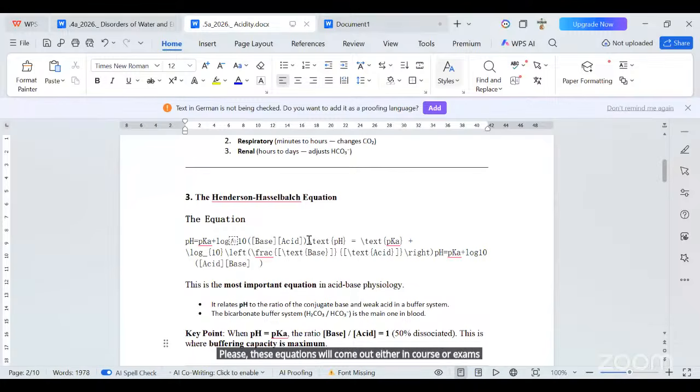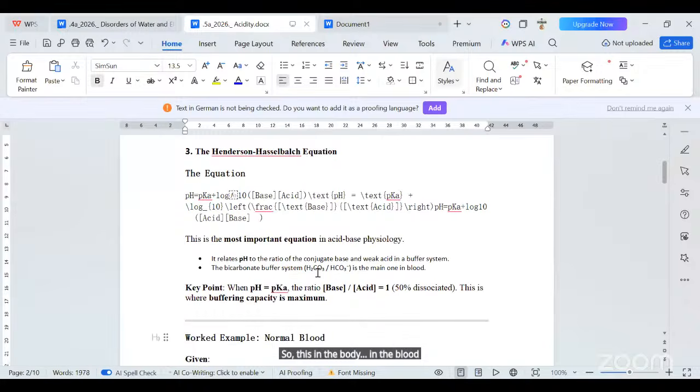Advise us to learn them. So this Henderson-Hasselbalch equation, we said, is used to know the ratio of bicarbonate buffer to acid in the blood. And an example is given below.